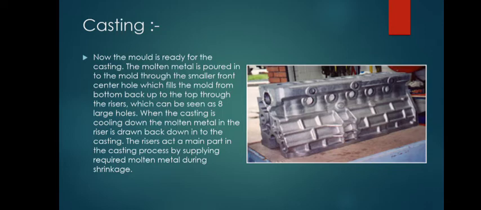When the casting is cooling down, the molten metal in the riser is drawn back down into the casting. The riser plays a main part in the casting process by supplying required molten metal during shrinkage. Here you can see the image after the casting process of the diesel engine block.